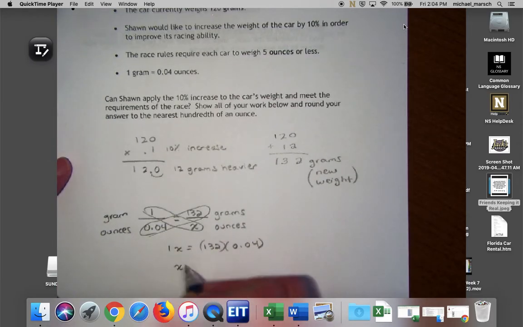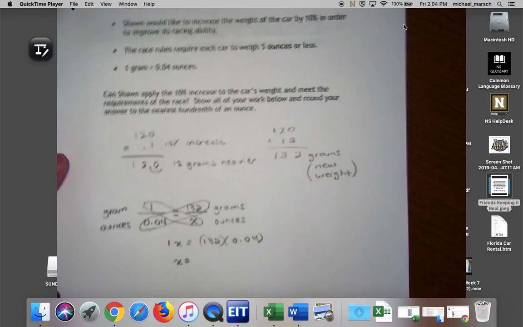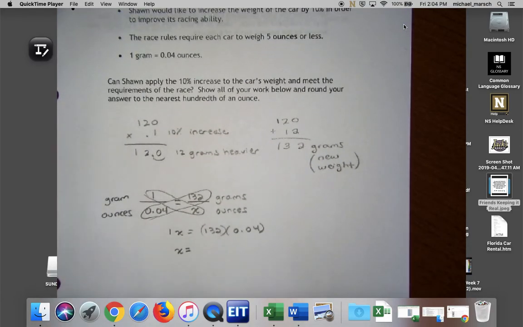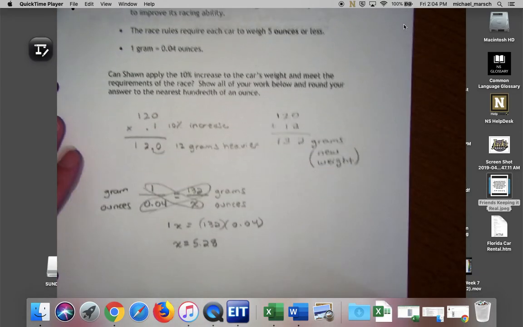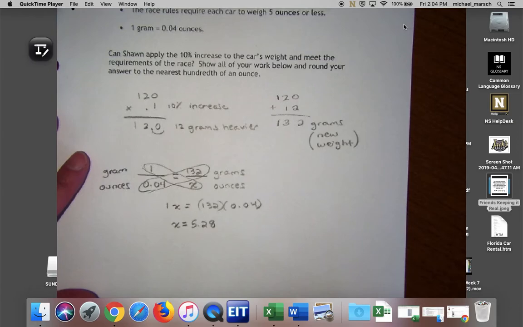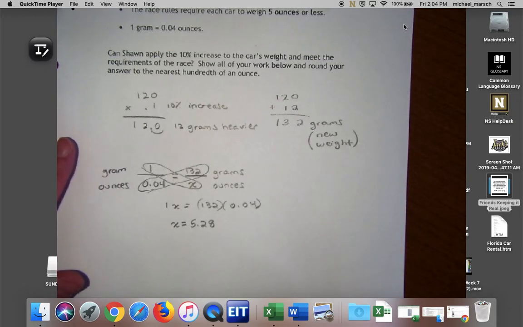What is 132 times 0.04? You tell me, use your calculator. Nick. 5.28. So what does that 5.28 represent? That would be the ounces. Mm-hmm.